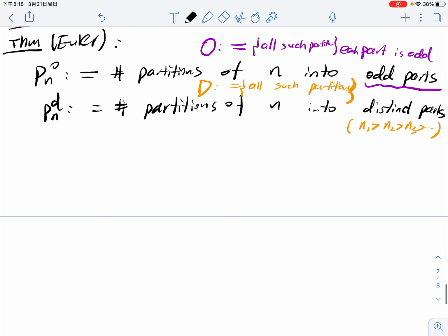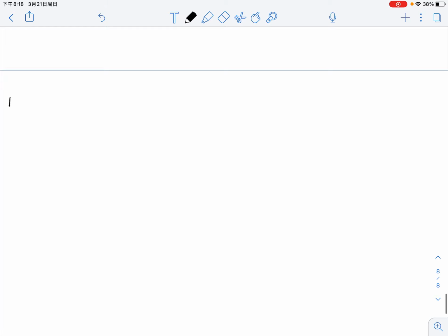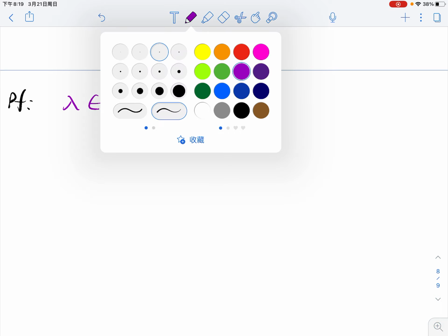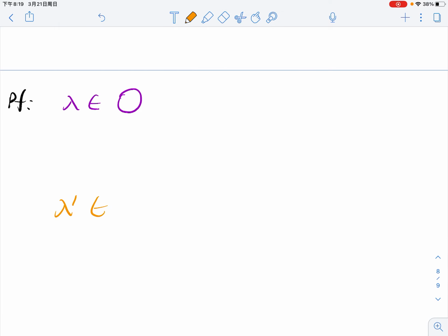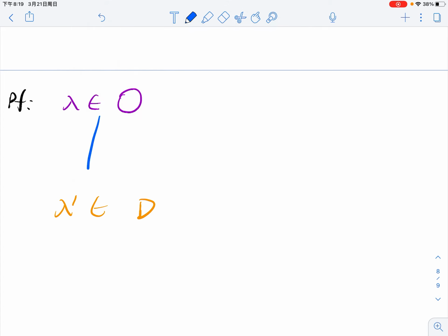Then Euler claimed that Pno equals Pnd. And the idea will be similar. We are going to construct a bijection between these two sets. So first we would like to construct the map which gives each element in O an element in D.